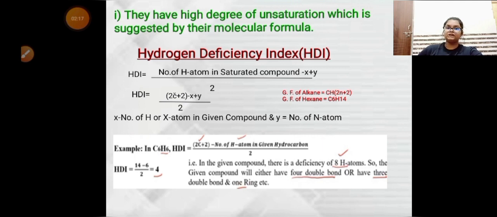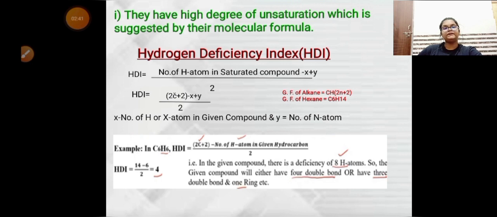And saturated compounds are those compounds which have only single bonds between them. We can also calculate the hydrogen deficiency index, referred to as HDI. HDI is equal to the number of hydrogen atoms in the saturated compound minus X plus Y, whole divided by 2.